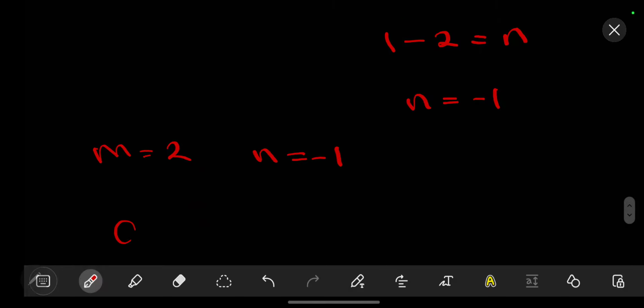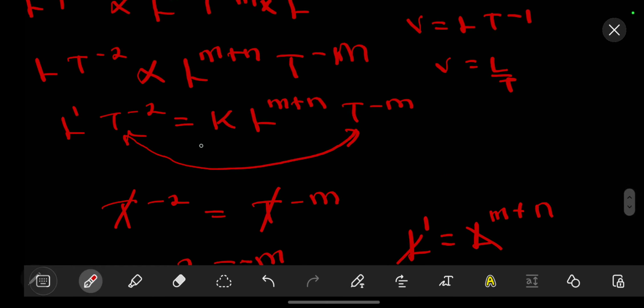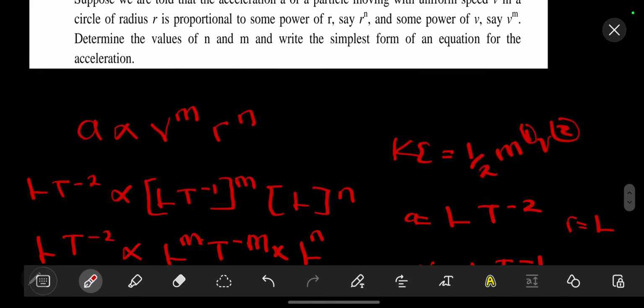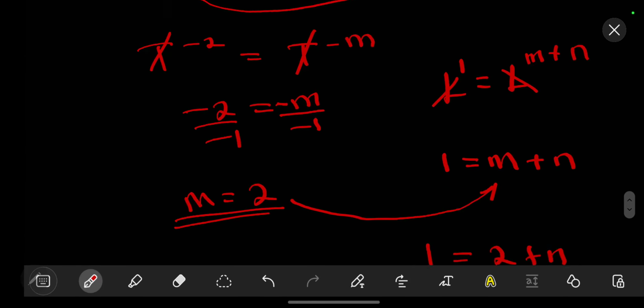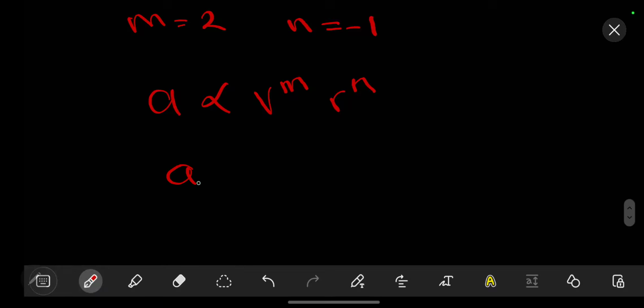And we have written our equation as A equal to K, then K, this one. Okay, so we have A directly proportional to V to the power m, then R to the power n. So we just replace. Immediately we introduce the equal sign, we say A equal to K V to the power m, then R to the power n.